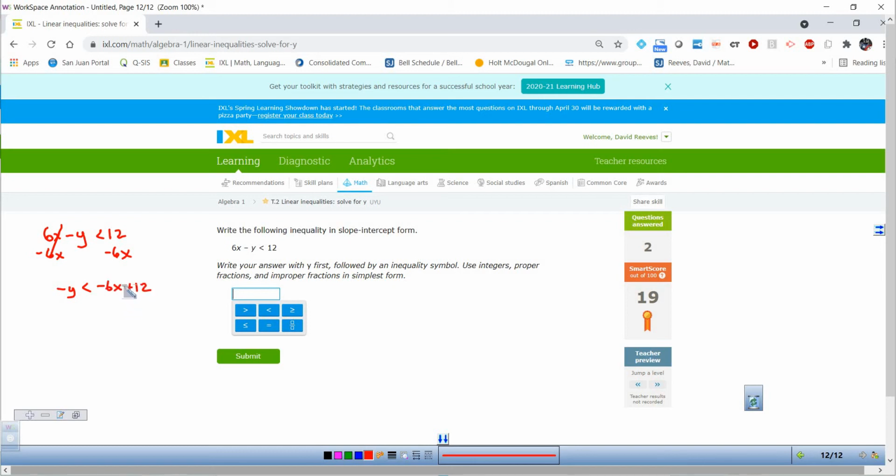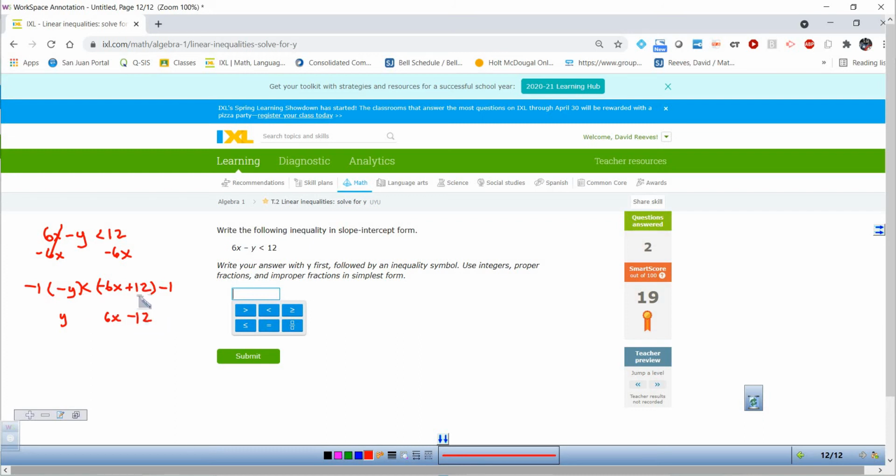Okay, but we want to solve for y. We want it in slope-intercept form. So again, I can either multiply or divide by negative 1. I prefer to multiply by negative 1. And what do I get? A negative times a negative is a positive. I get that positive y. Over here, I get a negative 1 times a negative 6x is a positive 6x, and then instead of plus 12, now I have minus 12.